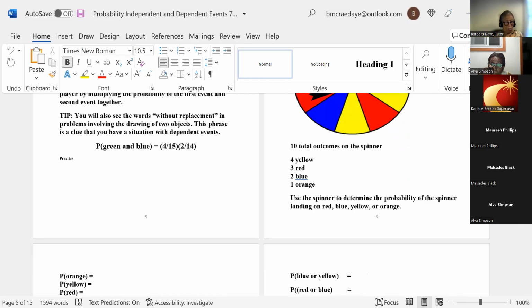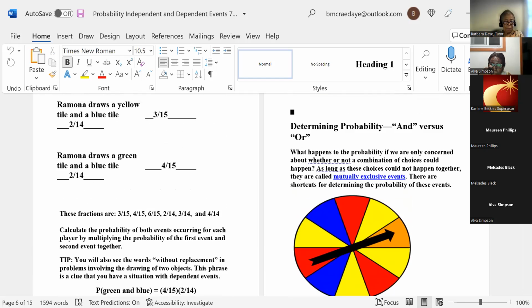Now I want to look at "and" and "or." Now we're looking at a spinner. There are some key terms I want you to know. When you see mutually exclusive, that means they cannot happen together. In other words, you can't get a head and a tail of a coin. All that means is your choices can't happen together.